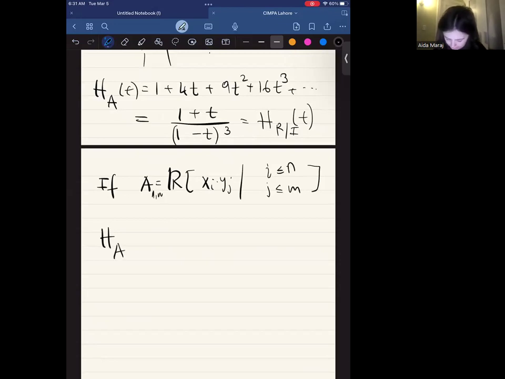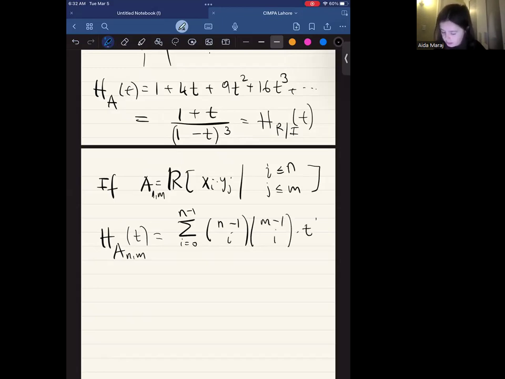I'm going to call this NM here, of T. It is going to be something like the sum, i from 0 to n minus 1, of (n minus 1 choose i) times (m minus 1 choose i) times t to the i, over 1 minus t to the m plus n minus 1. And this was proven by Conca and Herzog in '94.